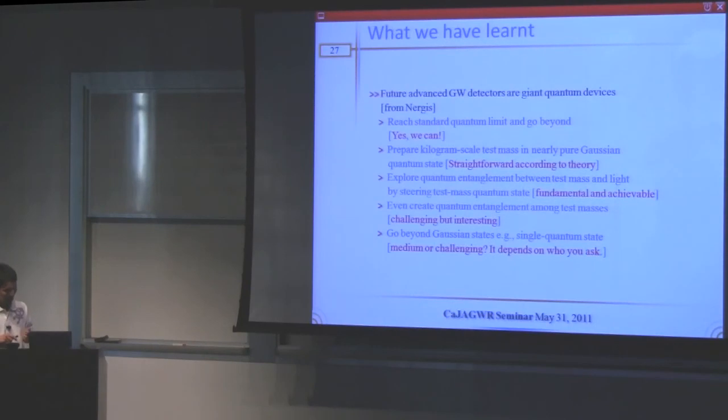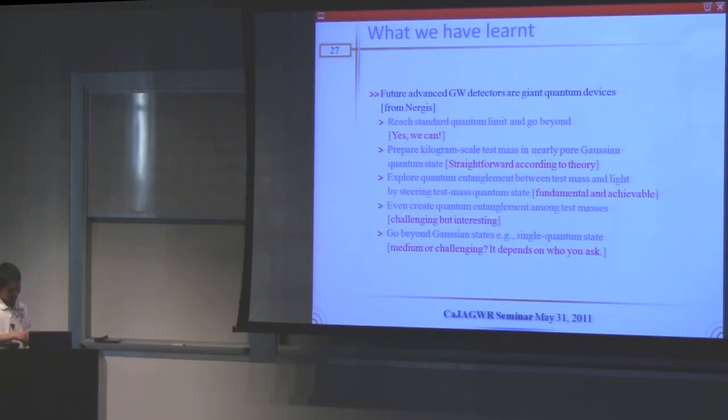All right, so this is pretty much my last slide. What we have learned here, the takeaways, is that a gravitational-wave detector is a real giant quantum device. First of all, we're going to reach the standard quantum limit, and we can even go beyond that.